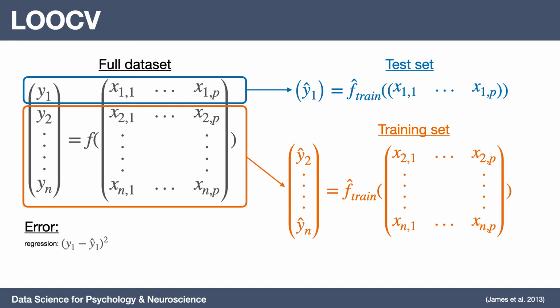And so I just calculate the test error by plugging all the observations in my first row, x1, into the regression model or whatever model I fit in my training set, and making a prediction for y1. That becomes my error. In a regression context, this is the squared error on the residuals. In classification, it's just your classification accuracy.